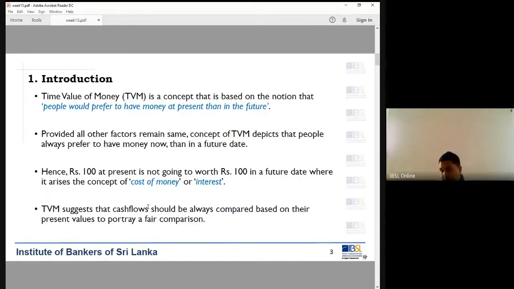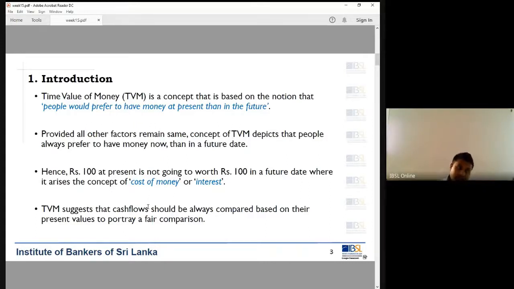Rather, you can start with that 100 rupee now. That's not a problem. But the 200 rupee that you're getting in 1 year time should be compared to a number that is in order to add it to the original 100, which is now.